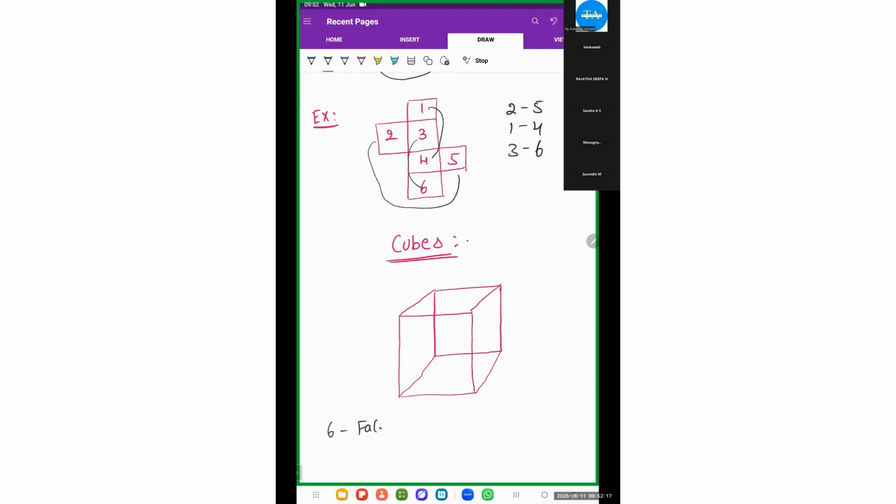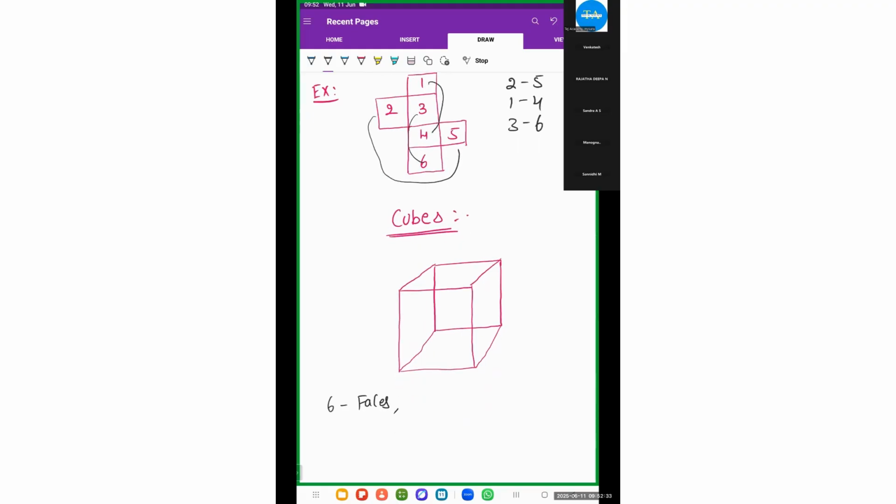And 8 vertices, like this: 1, 2, 3, 4, 5, 6, 7, 8.